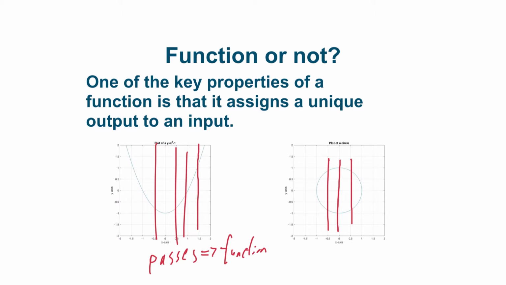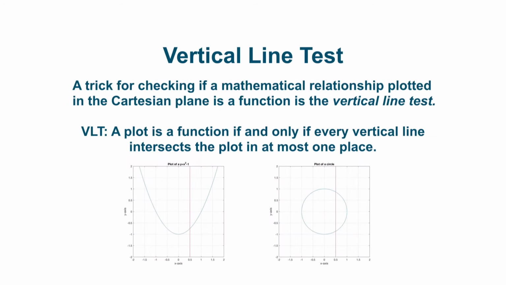In multiple places, this plot fails the vertical line test because the line intersects the plot in more than one place. So this is not a function. Here I've just drawn it again. The key point is that here I have only one intersection, right there. Here I have multiple intersections. All you have to do is find one vertical line that intersects the plot in multiple places and you fail.